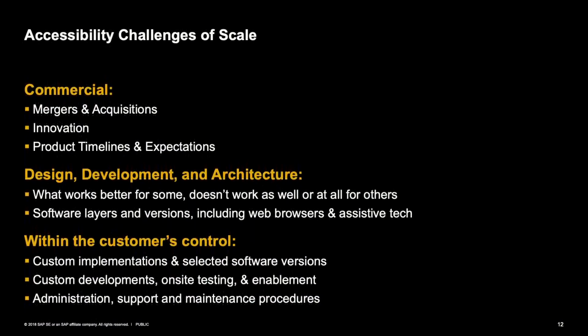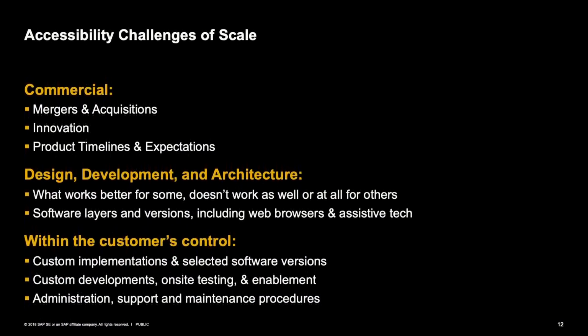Another is product timelines and expectations, because at the end of the day, we're not a charity, we are a business. We have stakeholders, we need to make sure that we're still meeting expectations, and I know others have spoken about this before. So sometimes that affects priorities.